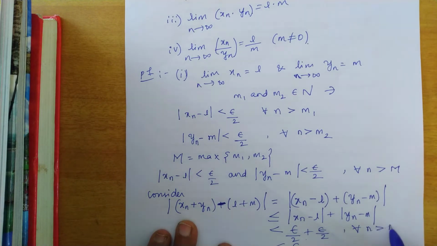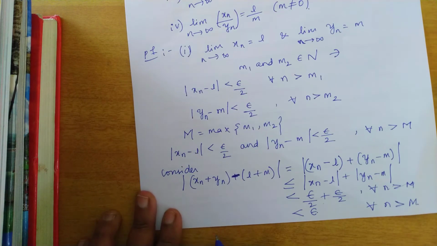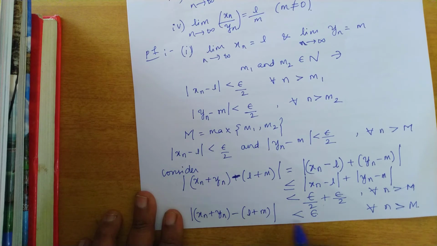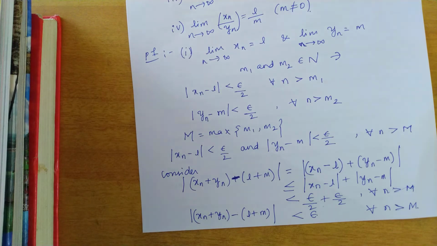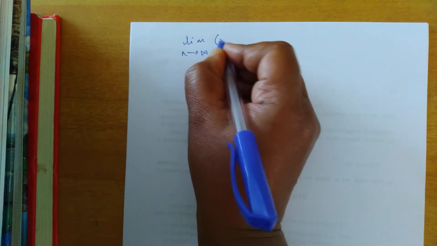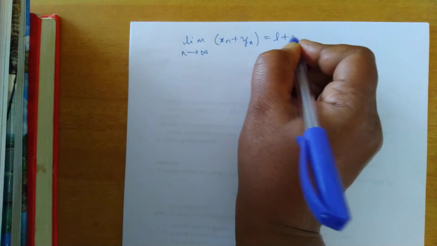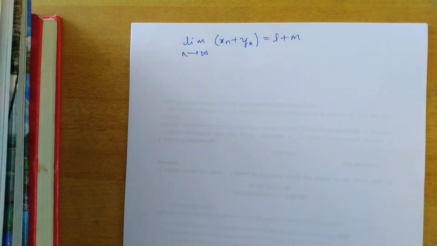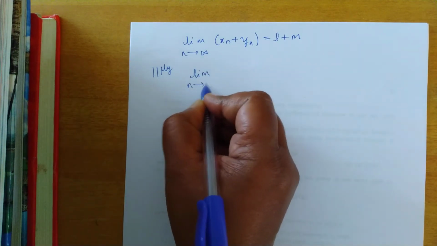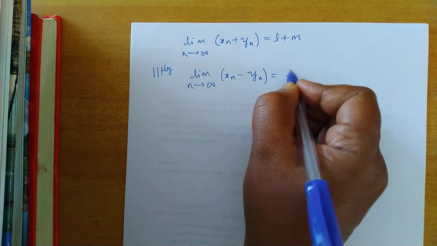This is for all n greater than M. And therefore this satisfies the condition, that is, modulus of xn plus yn minus L plus M is less than epsilon, and hence limit n tending to infinity xn plus yn is equal to L plus M. Similarly, try to solve for limit n tending to infinity xn minus yn is L minus M.